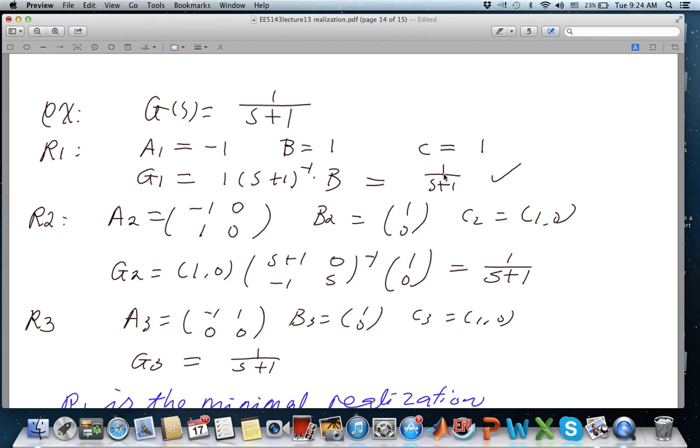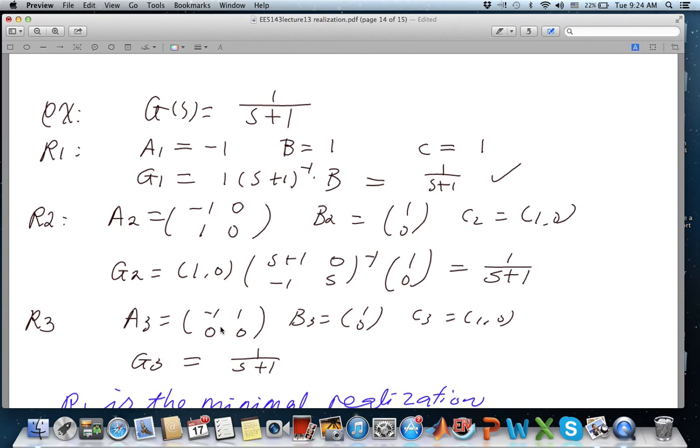My second realization has A2 equal to negative 1, 0, 1, 0, and B2 is 1, 0, C2 is 1, 0 also. When you check this one, you can see the second realization also gives you 1 over s plus 1, but the realization has dimension 2.